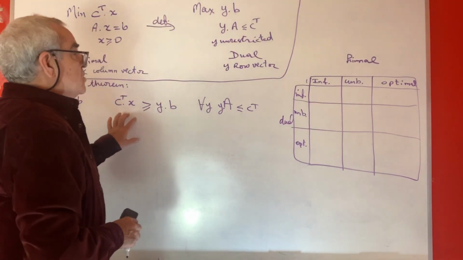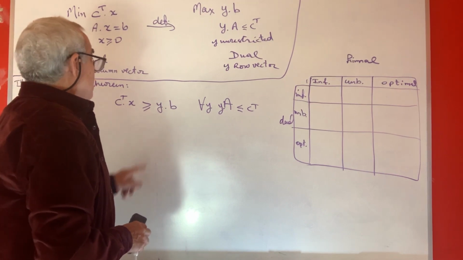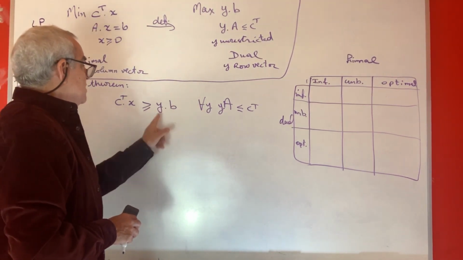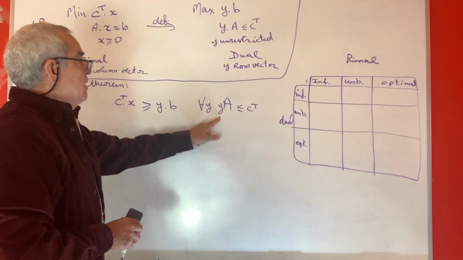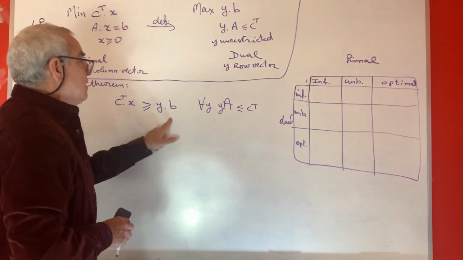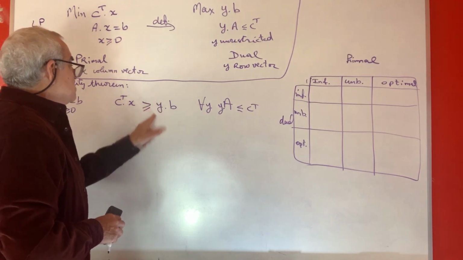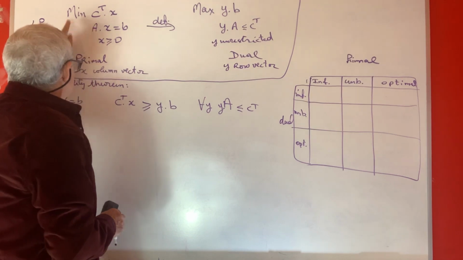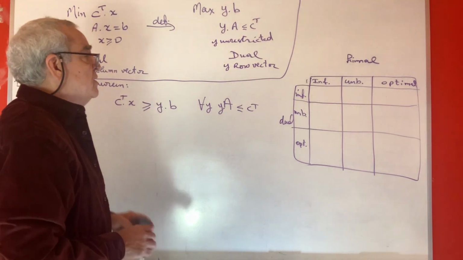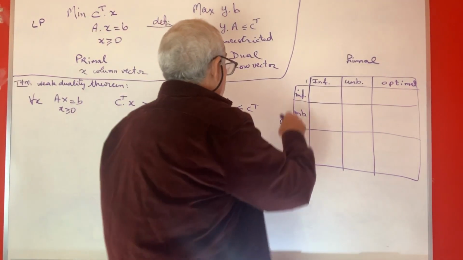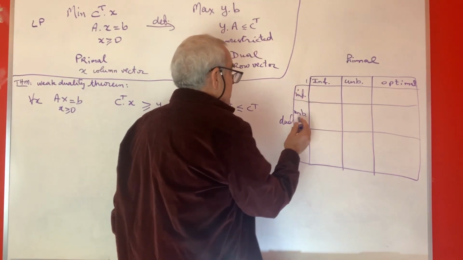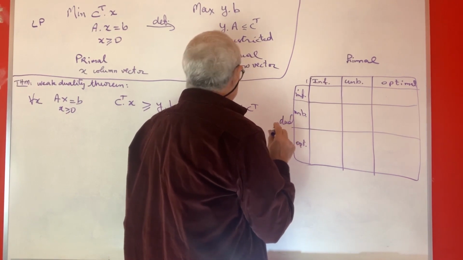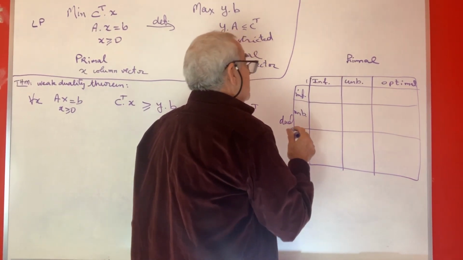So the weak duality theorem says if my dual is feasible, that is, I know a single y such that yA is less or equal to c transpose, then this becomes a lower bound on c transpose x. So this min cannot be minus infinity. So if my dual is feasible, that means it's these two rows, I cannot have the primal unbounded.